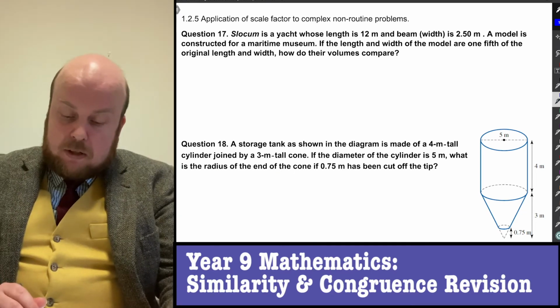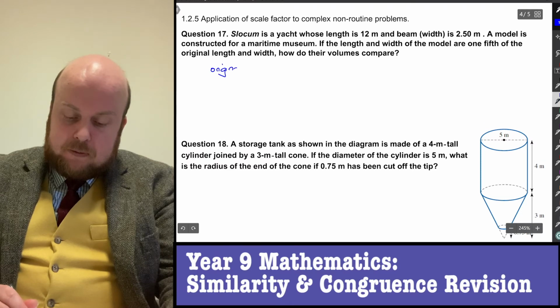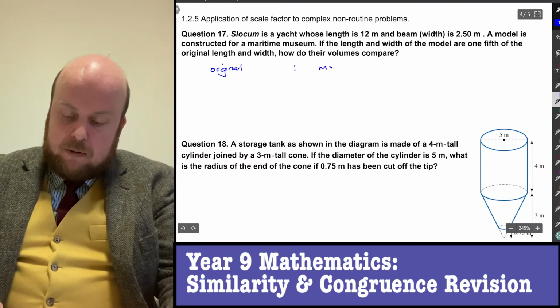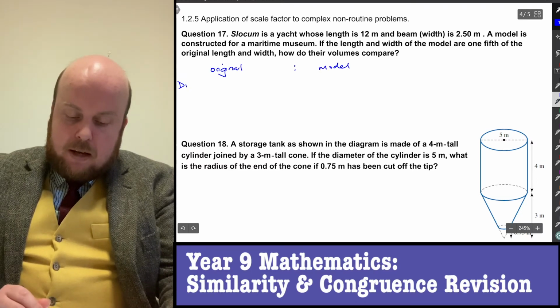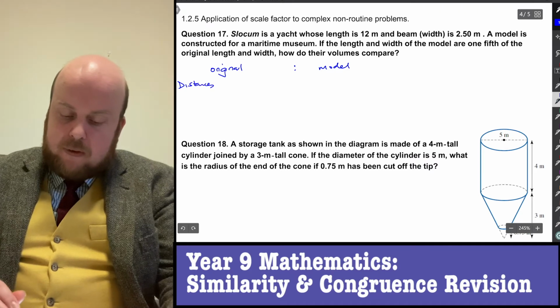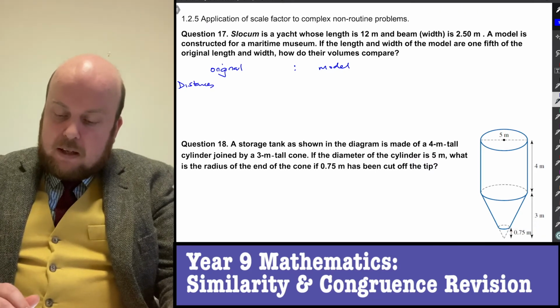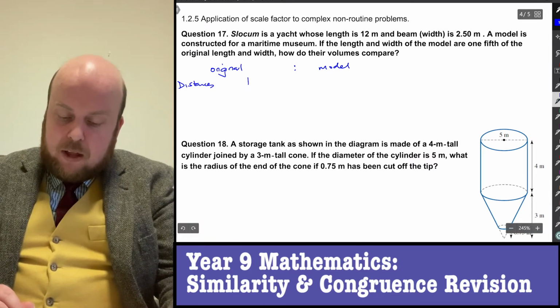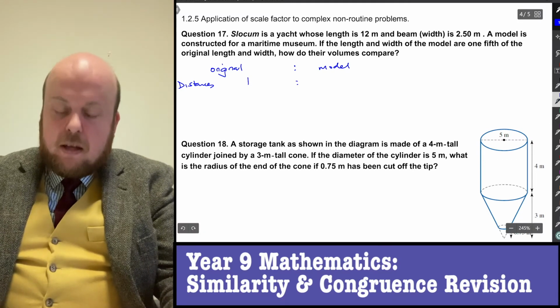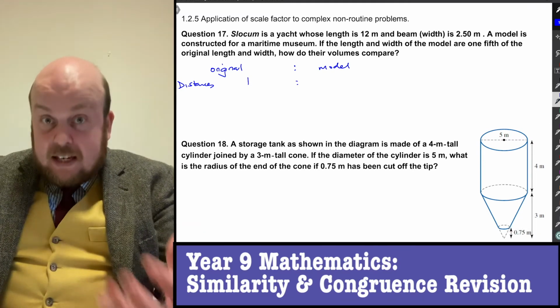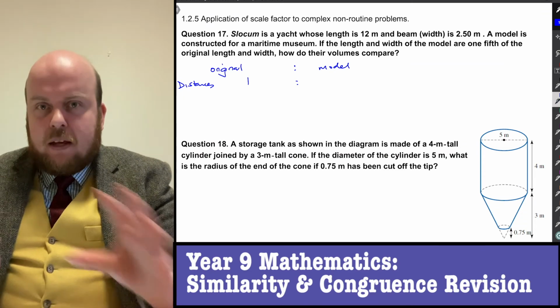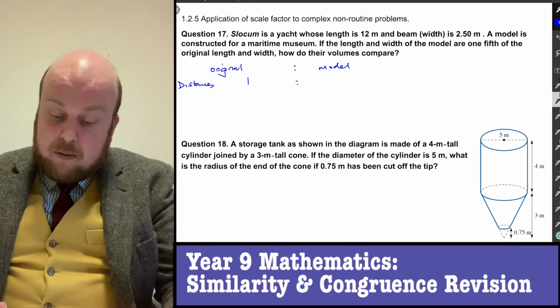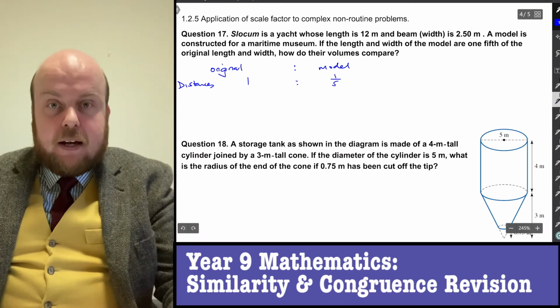So I've got the original and I've got the model, and we've got some distances. I'm told that if the original was 1, then the dimensions of the model would be 1/5 in size.